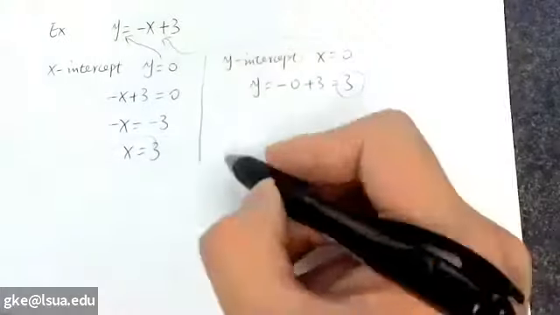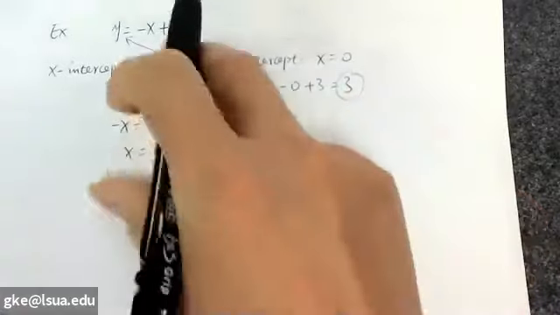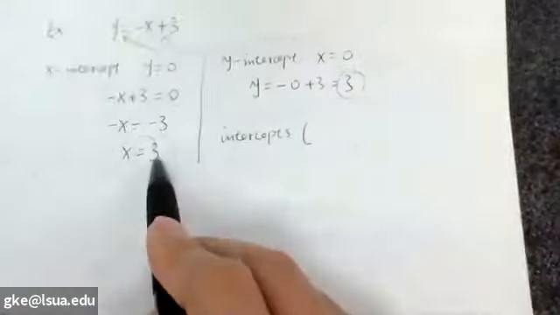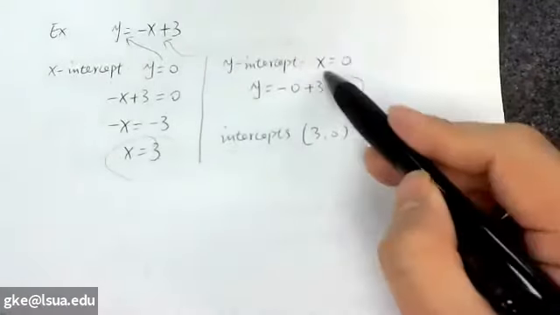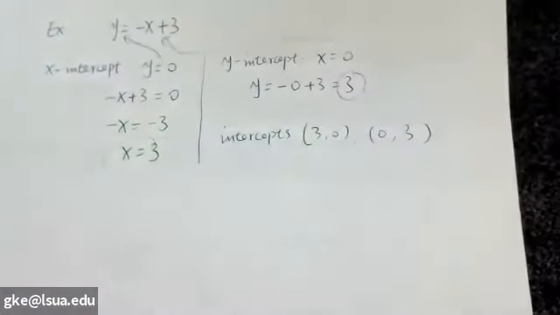Now, for the intercepts, just combine these 2 points. Write down the coordinates. Start with the x coordinate: 3, 0. And here the x coordinate is 0, 3. That's it.